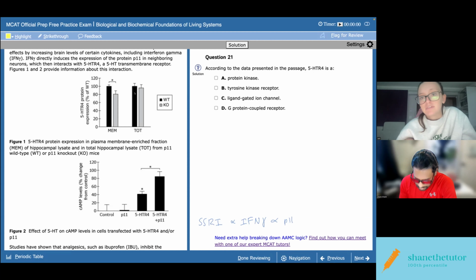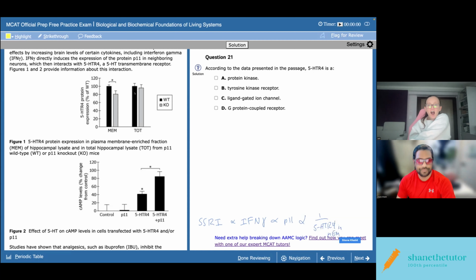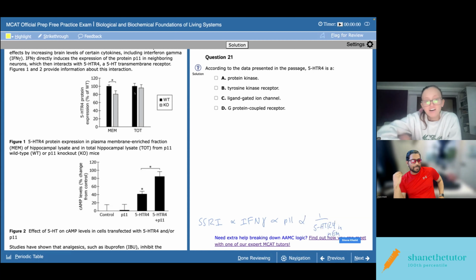So we could say 5-HTR4 in MEM is inversely proportional to P11, maybe something like that.